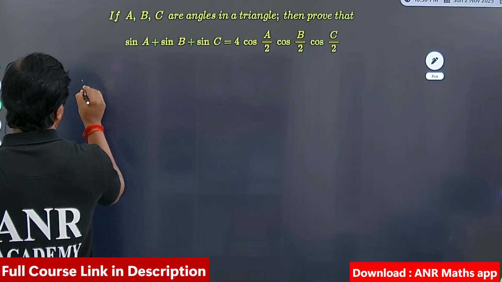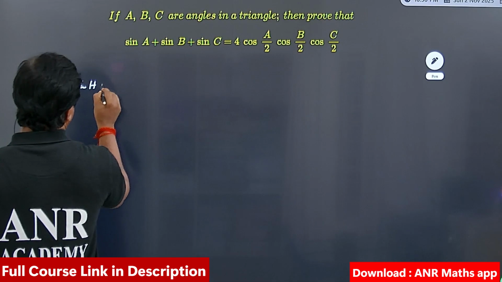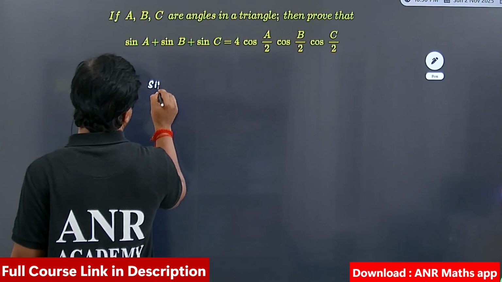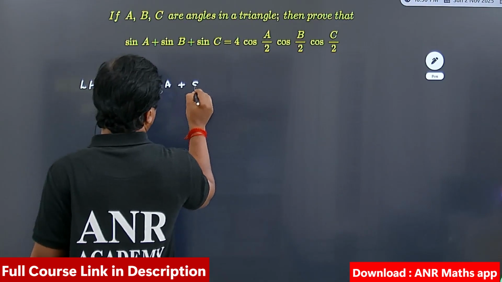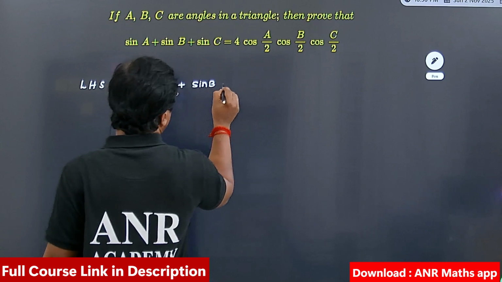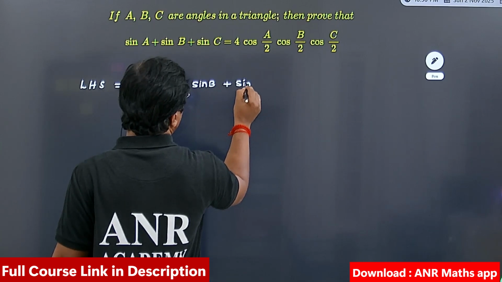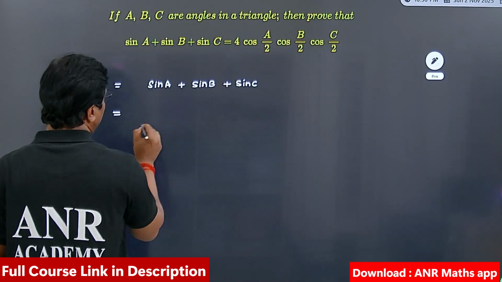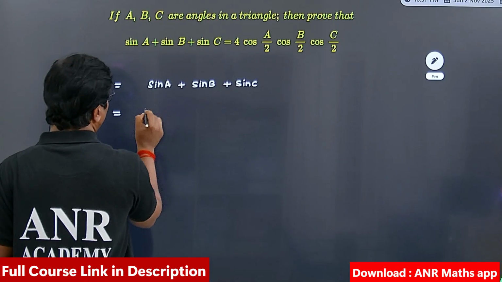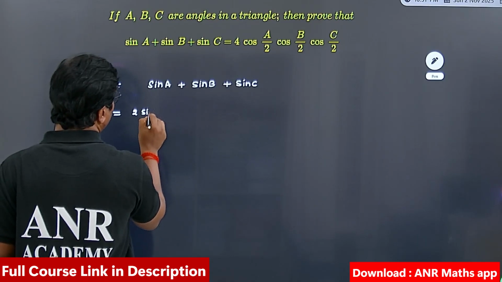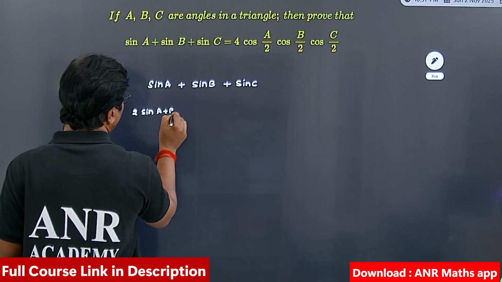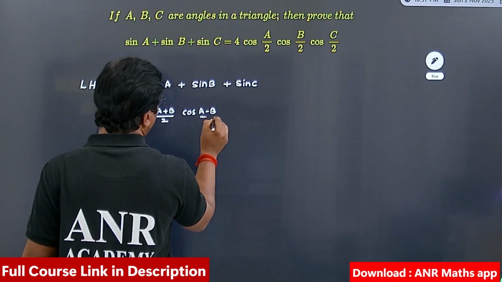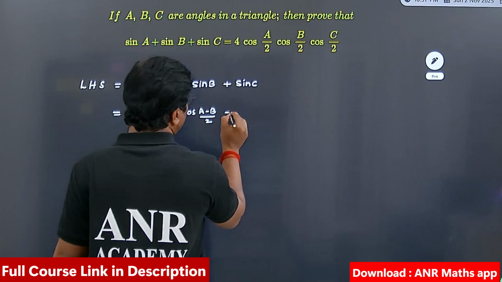LHS I am going to write. LHS is given by sin A plus sin B plus sin C. If you write sin A plus sin B value 2 sin (A plus B) by 2 cos (A minus B) divided by 2, and writing sin C as it is.